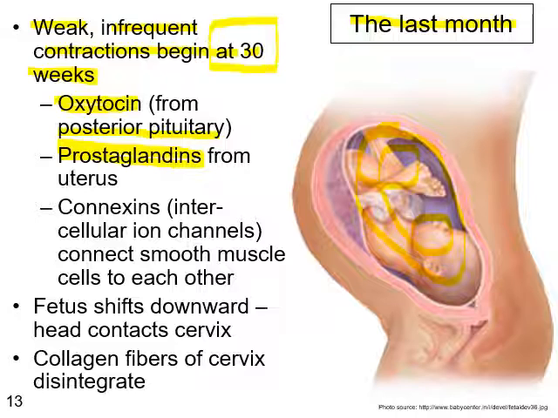The smooth muscle cells of the uterus are all connected to their neighbors by intercellular channels. So each smooth muscle cell is an individual cell, but it is coupled to its neighboring cells by gap junctions, and the gap junctions contain channels called connexins.